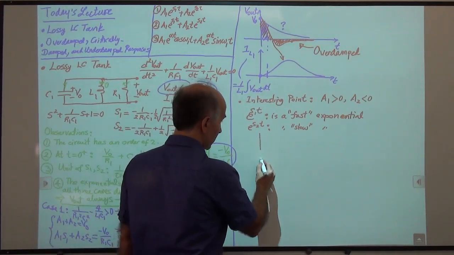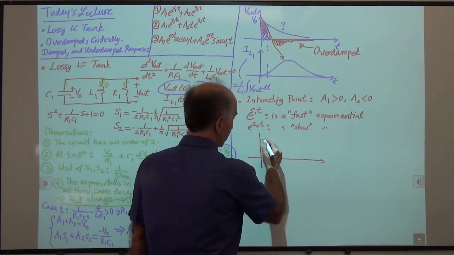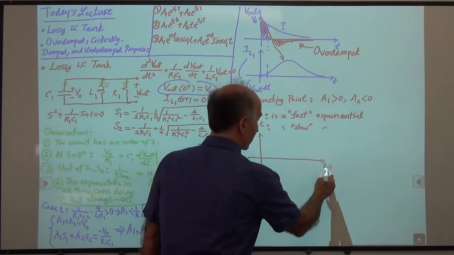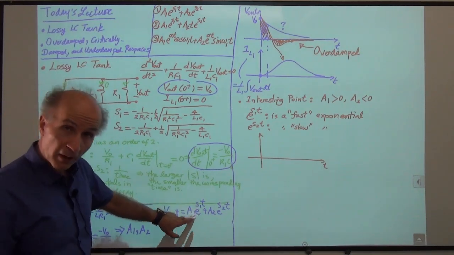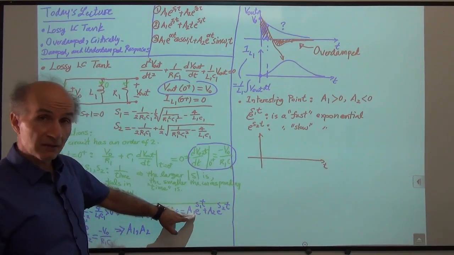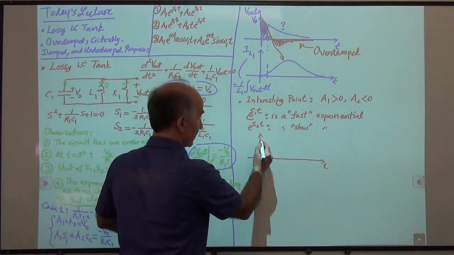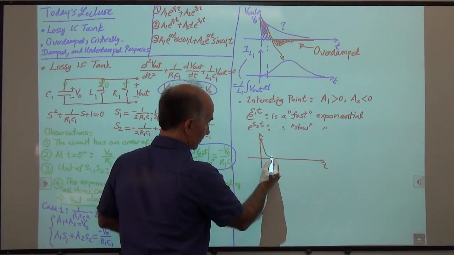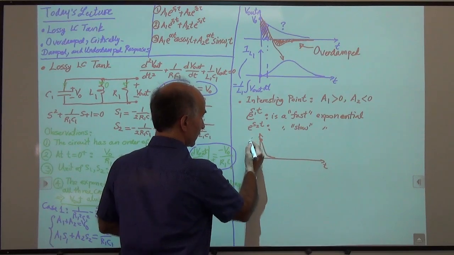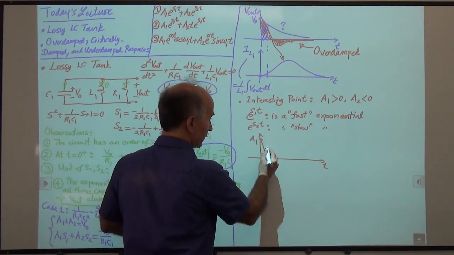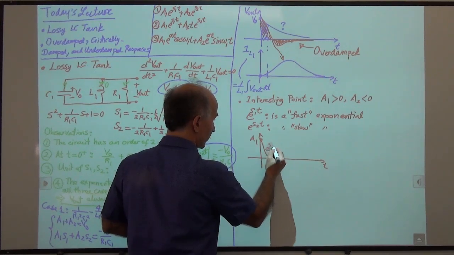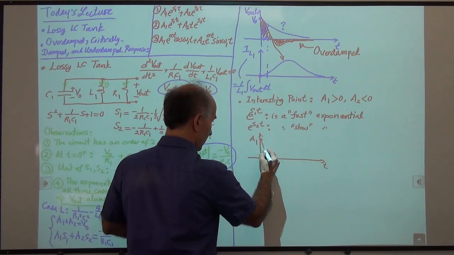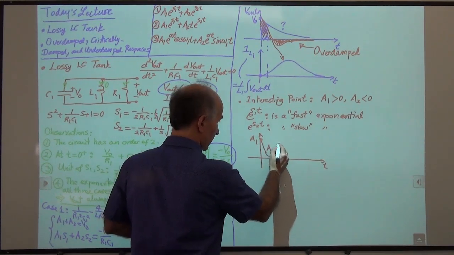So what we have is really the following. We have, as a function of time, A1 e to the S1t. This is a positive exponential, and it decays fast. So it looks like this. Okay, A1 e to the S1t.